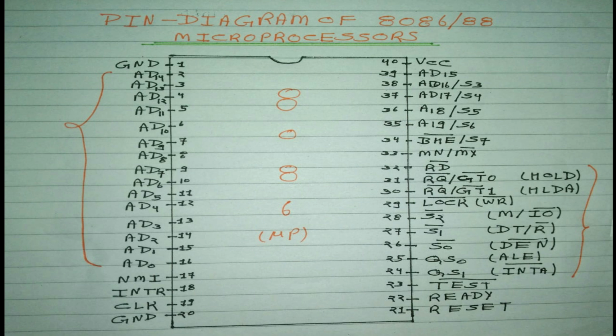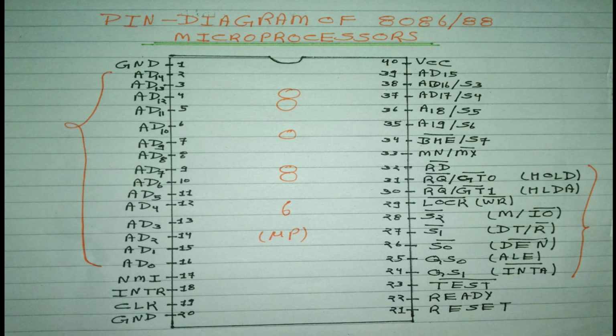I will explain each and every pin one by one. At the last I will explain pin number 33, which is known as the minimum and maximum mode pin. This is a very important pin regarding 8086, by which we can switch the microprocessor between minimum and maximum mode.